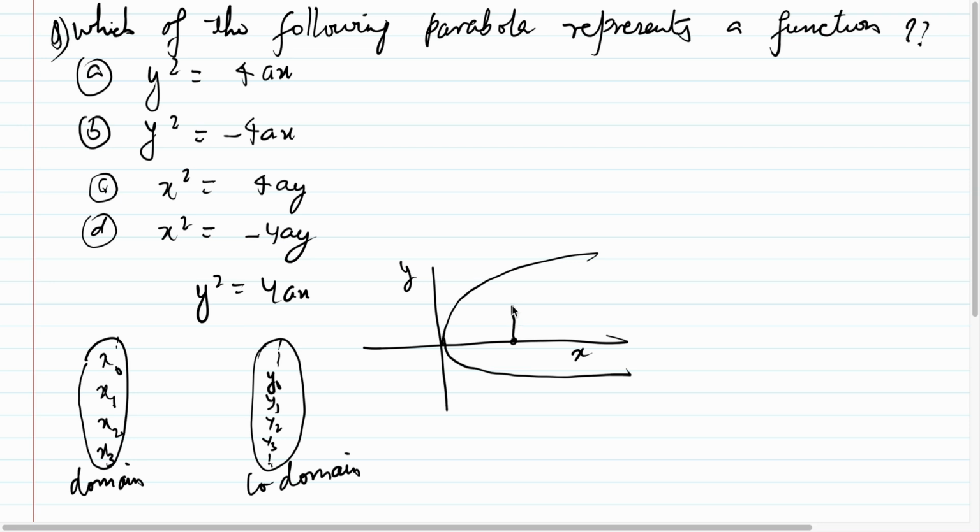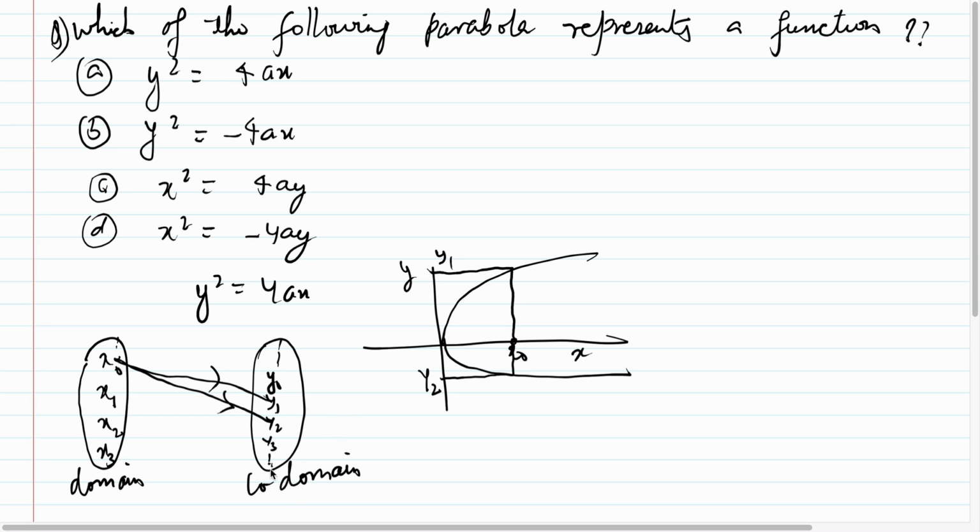But here you can see that for this x, say x0, this is one of the y values, say y1, and this is another y value, say y2. So for the same x0, we have two y values, y1 and y2. But we know that in a function, each element in the domain set should have exactly one image or one mapping in the codomain.